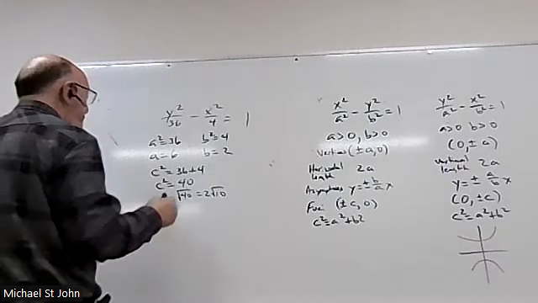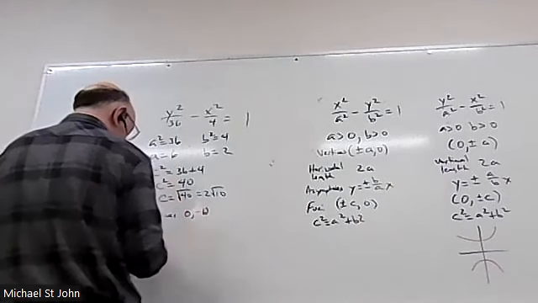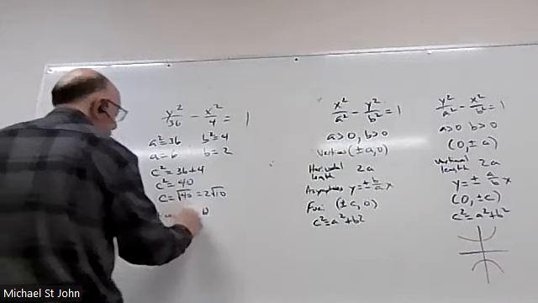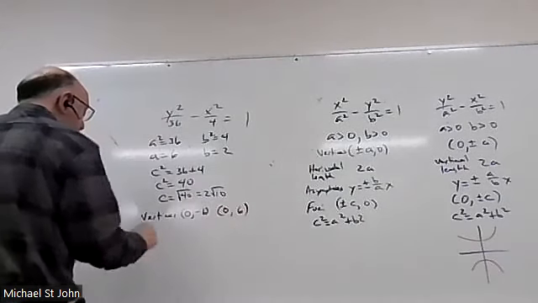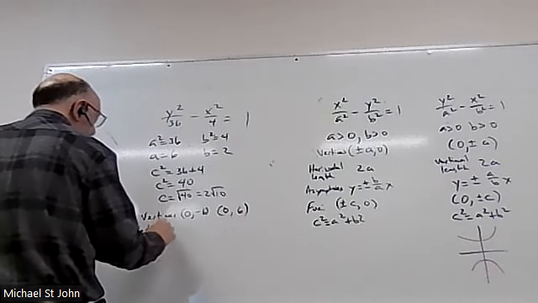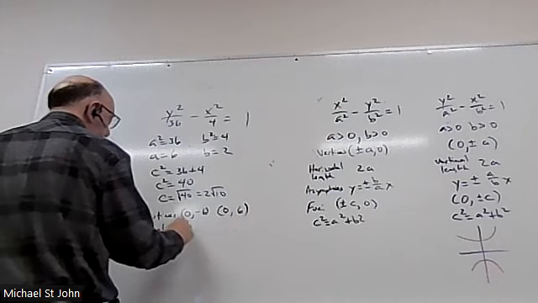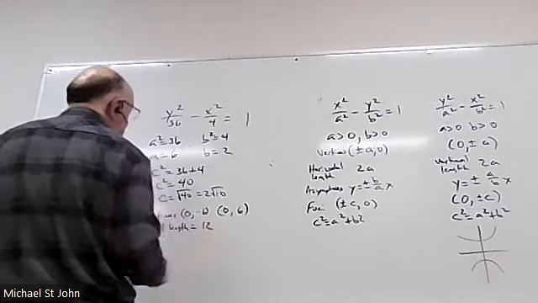So 0, plus or minus a. So this will be 0, negative 6, and 0, 6. We have the vertical length, which is going to be 2 times 6. So that'll be 12.